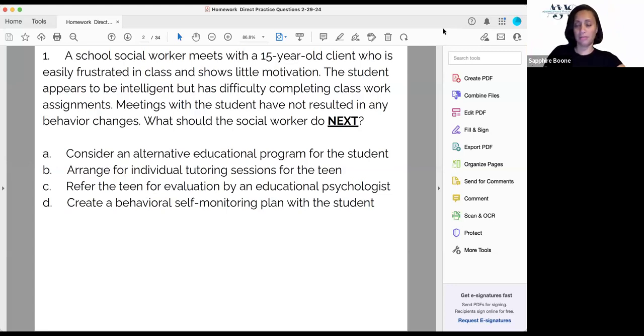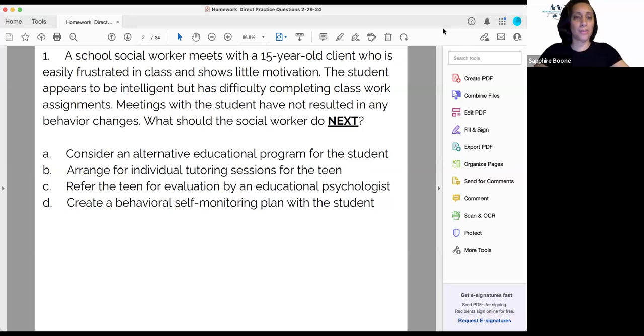Which options did you eliminate based on the phase that each of those represented? Okay, got rid of B and D.